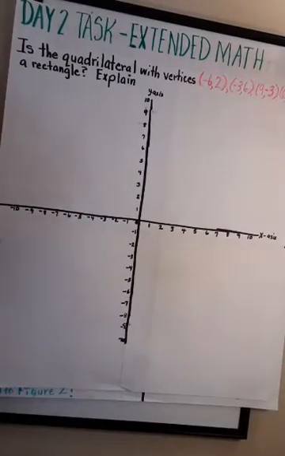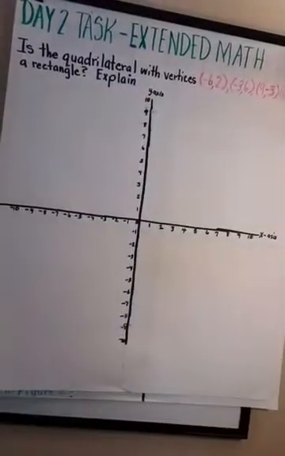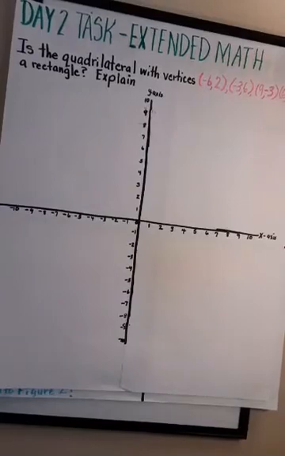Draw one. Tell me, is it a rectangle? Is it a rhombus? Is it a square? What else? Plot those points and tell me what you think it is. What shape would it be?